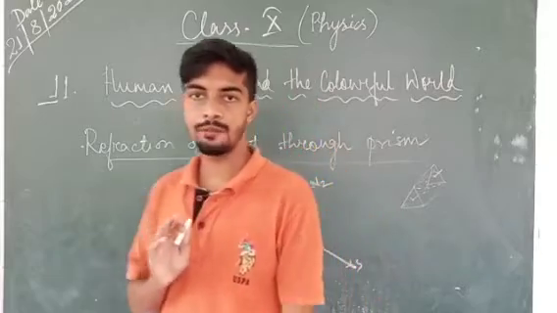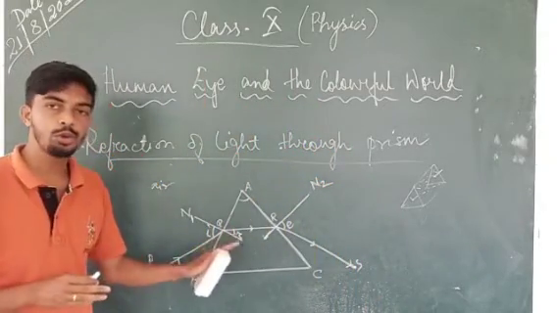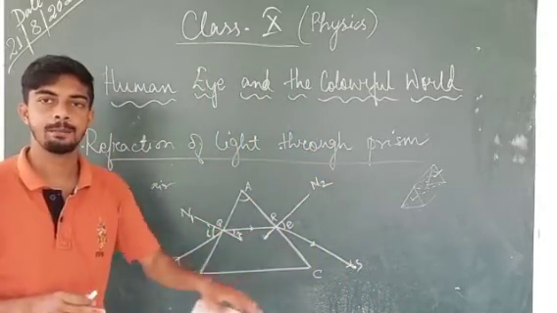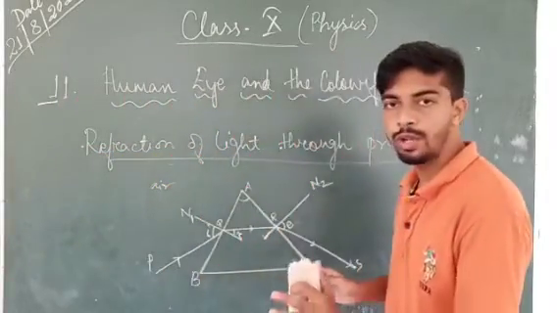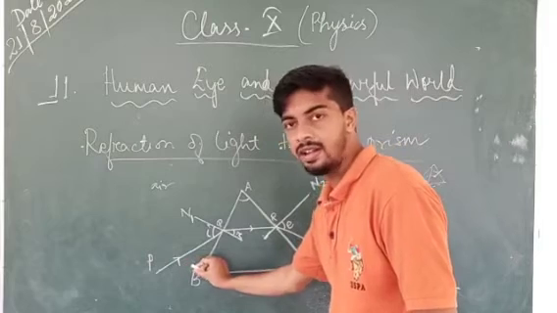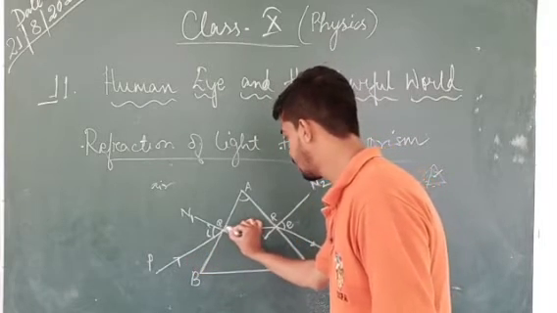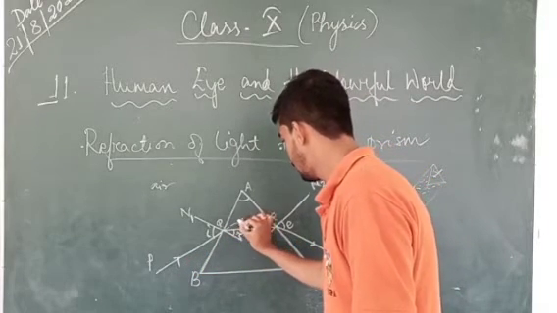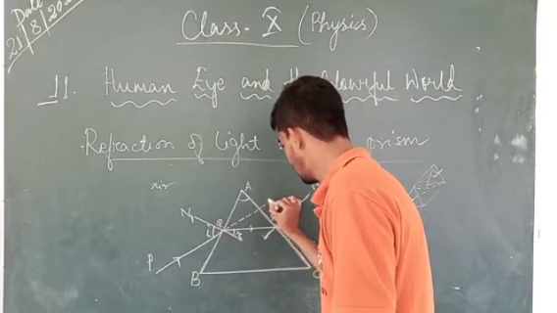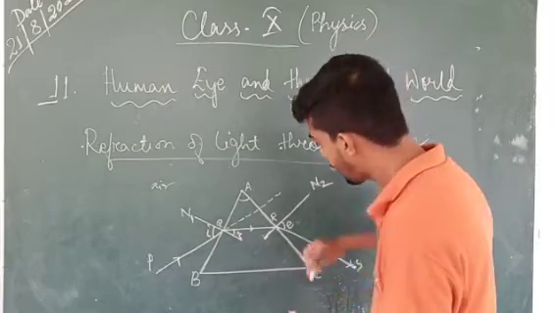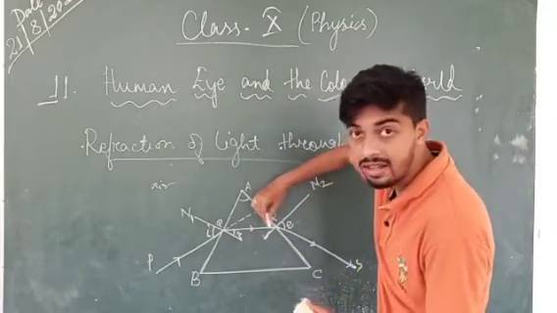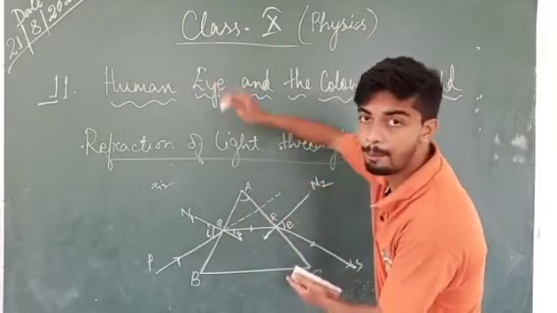Now if I want to know how much the light has bent or how much the light has refracted, what we do is extend this incident ray up to a certain point, an imaginary line, and then we extend this emergent ray backwards.